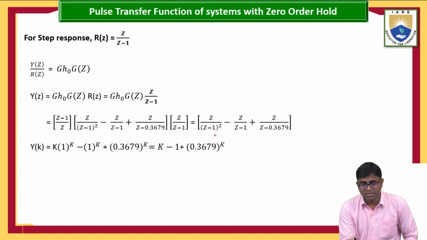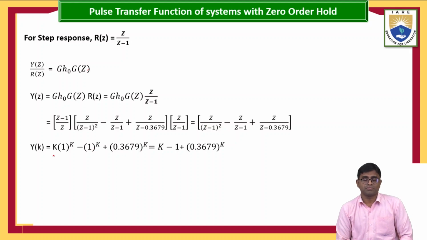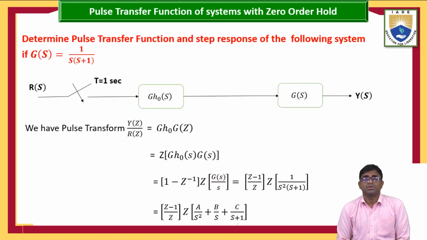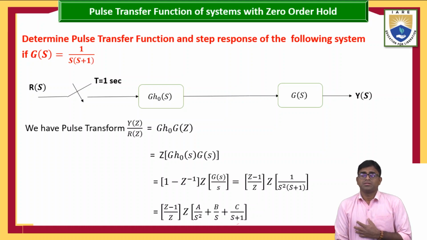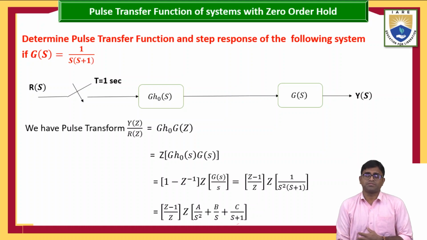Here the square term is repeating in z minus 1, that's why it is coming as 1 power k into k minus 1. This is the solution for this forward path, finding the pulse transfer function, the first step response.